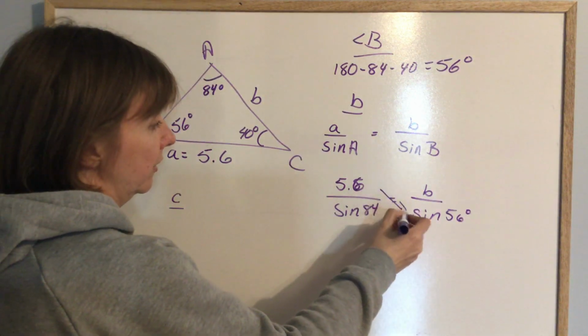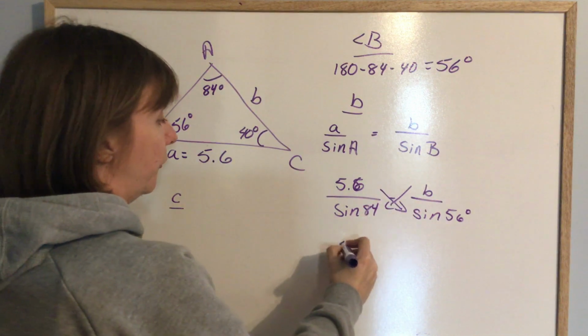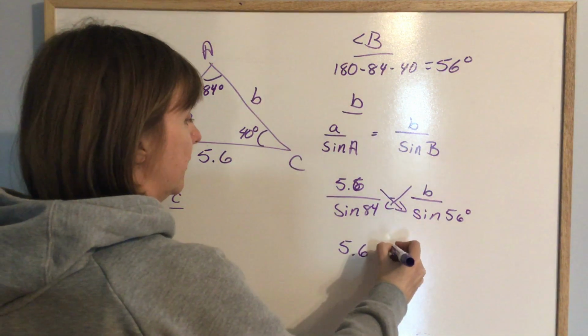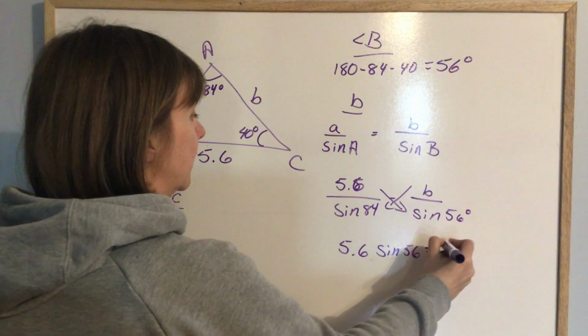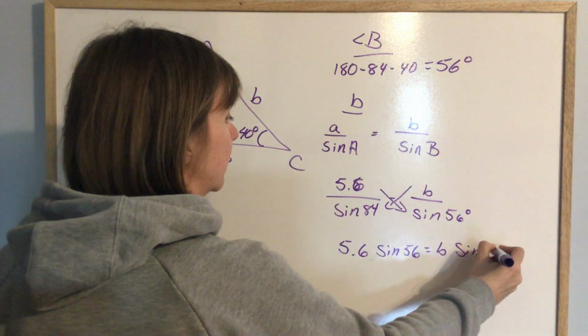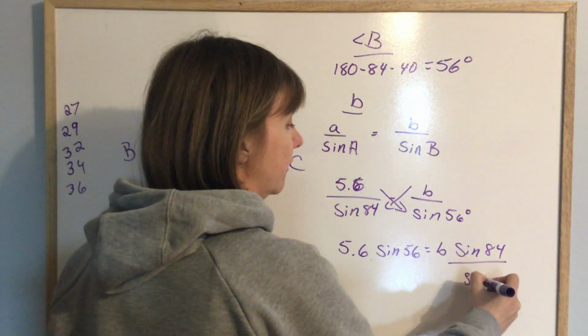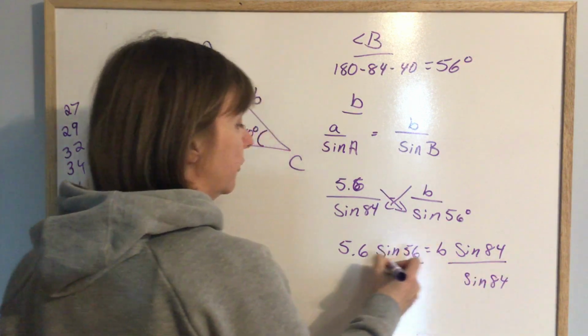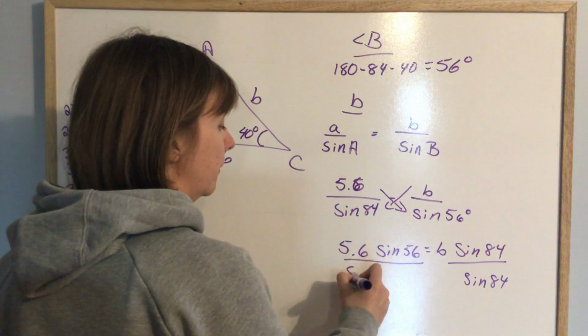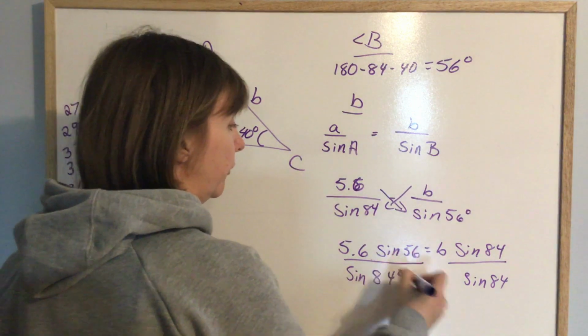So I personally would cross multiply. So 5.6 times sine of 56 is equal to B times sine of 84. Now I want B by itself, so I'm going to divide this side by sine of 84.